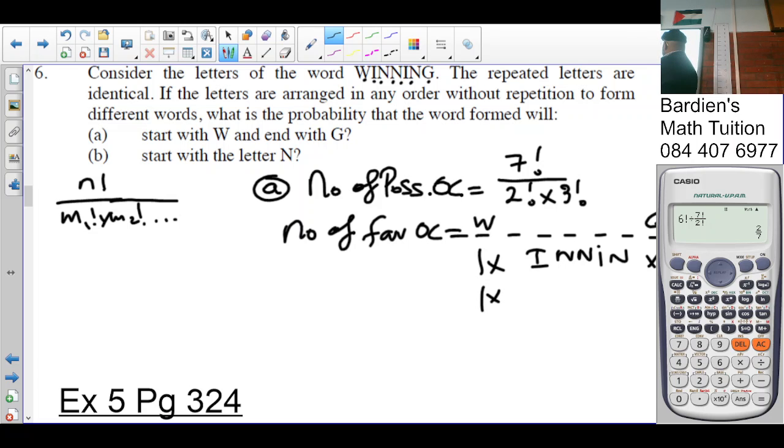How many letters are here? 5. So it's 5 factorial over 3 factorial times 2 factorial.